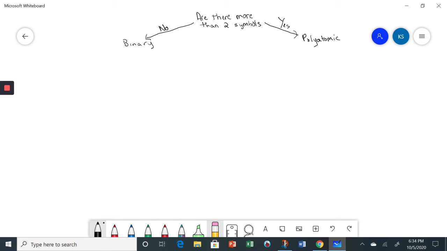Now we're going to focus on binary for a second. The next question we're going to ask is, is it 2 nonmetals?